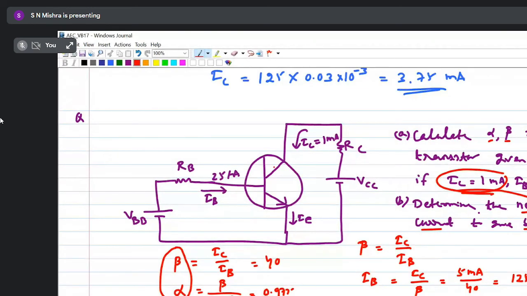Sir, numerical problems only, right? Yes, numericals. There will be 10 questions, more than 5.